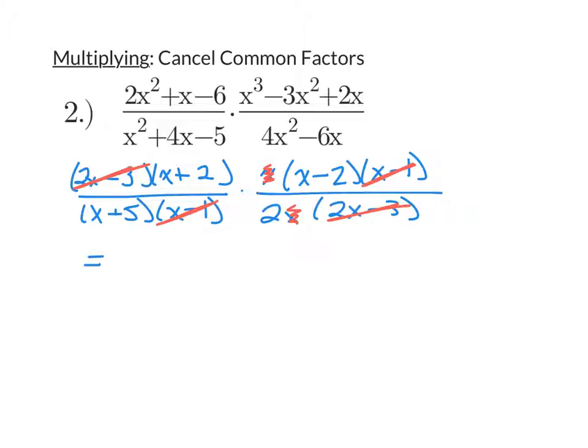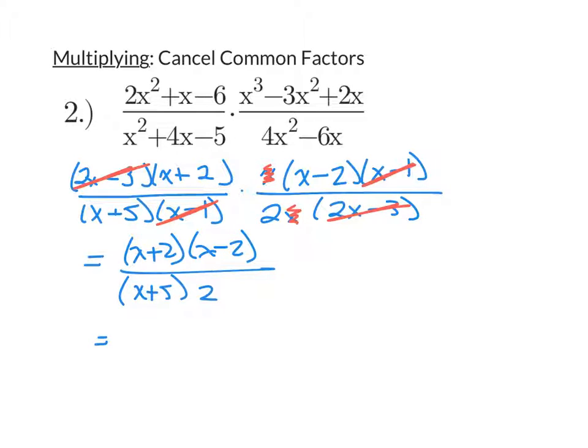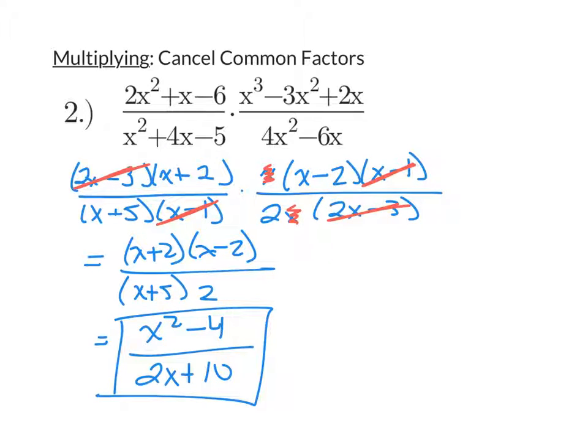So what's left is x plus 2 and x minus 2 in the numerator, and x plus 5 and 2 in the denominator. We should finish that up by multiplying this all out. We'll end up with x squared minus 4 over 2x plus 10. And there is our simplified fraction.